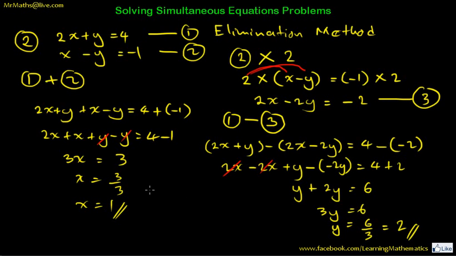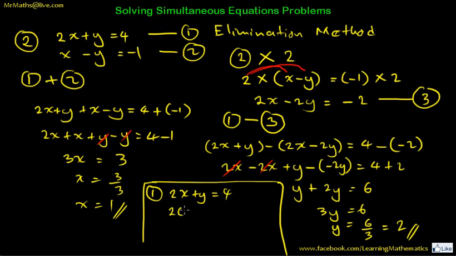So let's verify. Let's put it somewhere in the middle here. I'm stealing a space. Equation 1, 2x plus y. I do not know whether I have enough space. But now 2x, x is 1, plus y is 2.